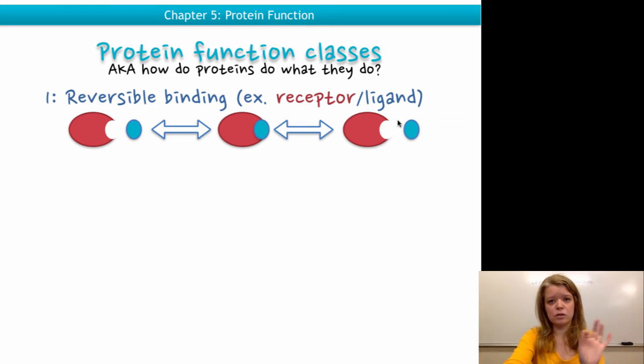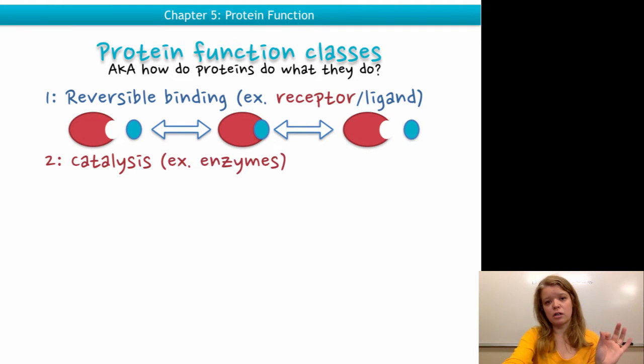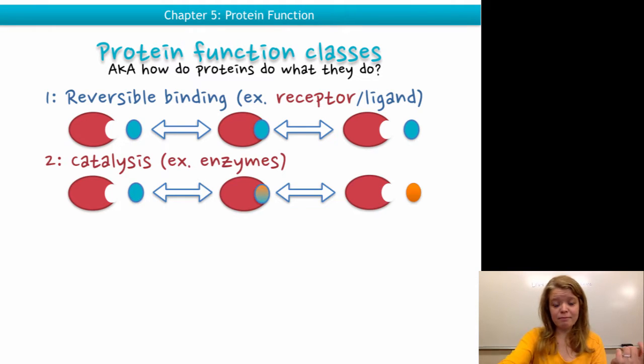Now, elaborating on this whole binding function is the catalysis function. So all the enzymes that you have, you guys are going to cover in biochemistry. Now, an enzyme, again here in red, is capable of binding the blue thing. In this case, it's called a substrate.